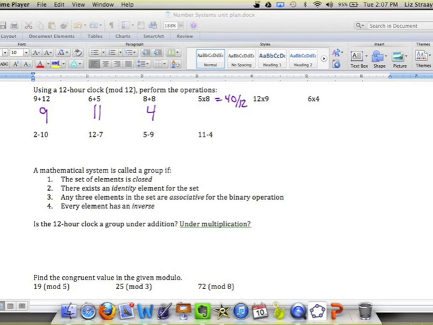The closest multiple of 12 is 36, so there's 4 left over. All we care about is the remainder here. 12 goes into 40 3 times to make 36, but there's 4 left over, since 40 minus 36 is 4. So our answer in a modular question is the remainder.